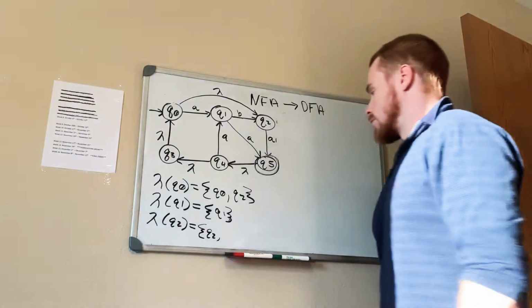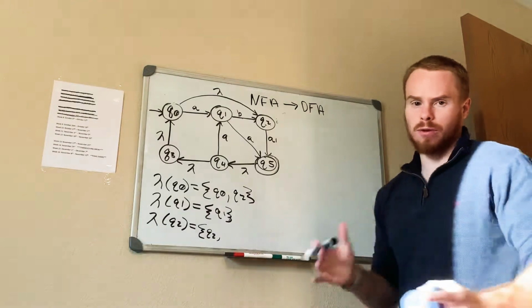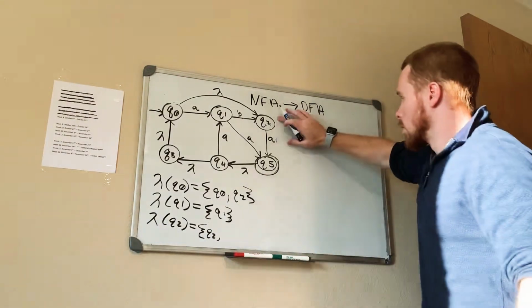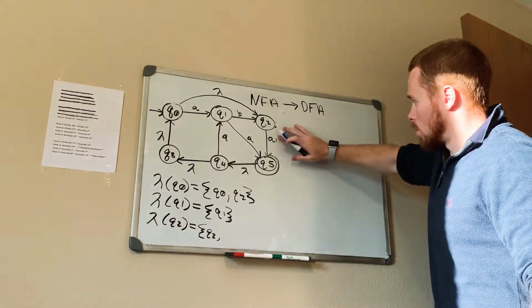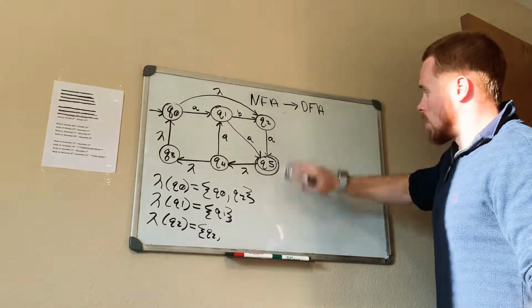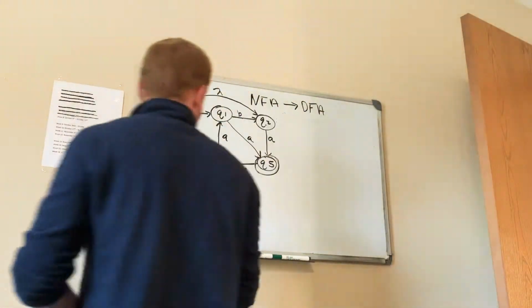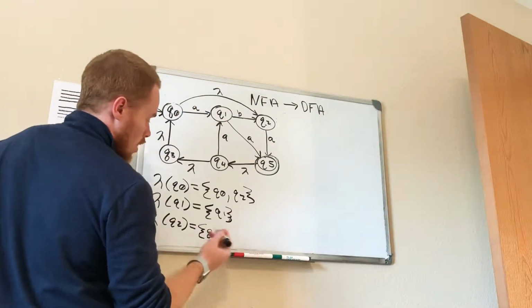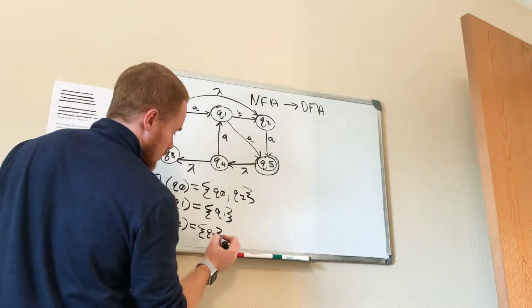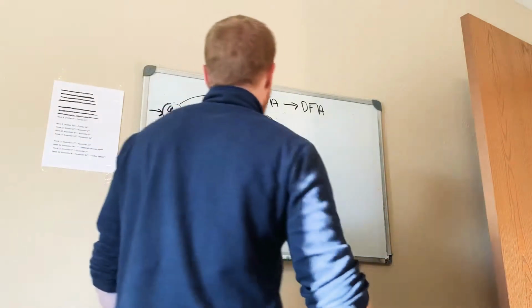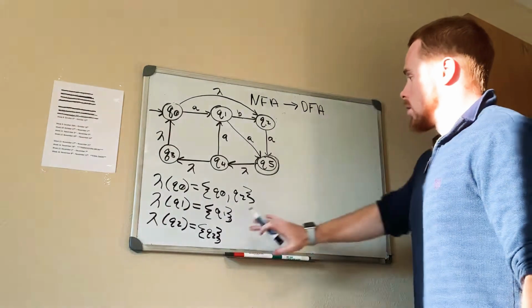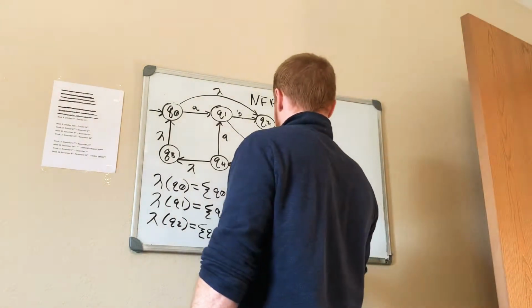You can think of lambda closures almost like free rides. There are no other paths or states I can travel to using lambda, so that's it for Q2 as well. Let's go to Q3.